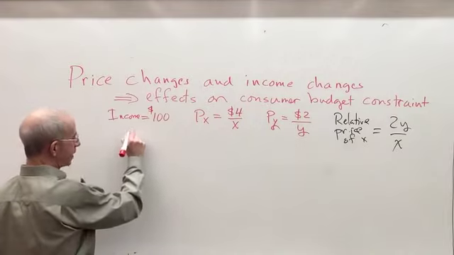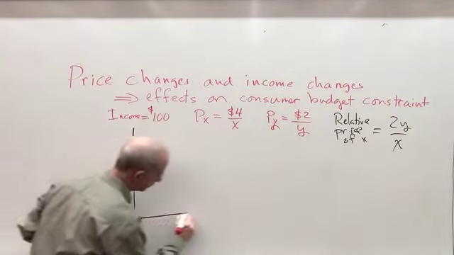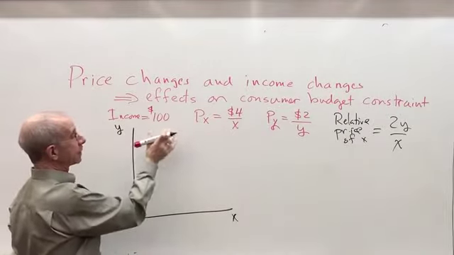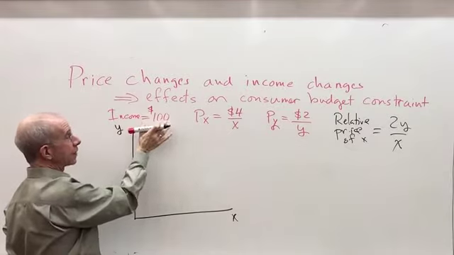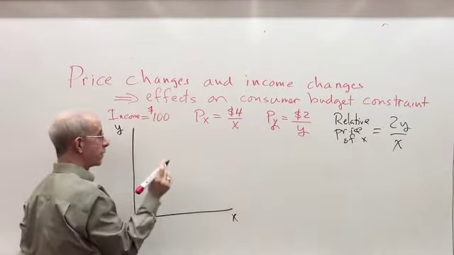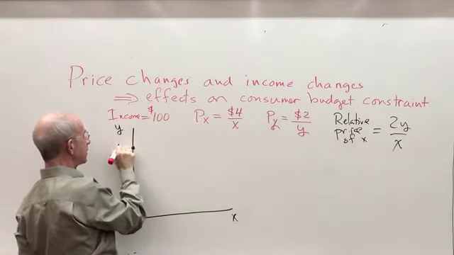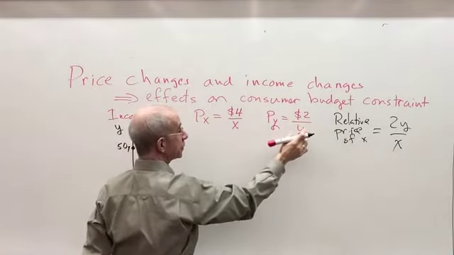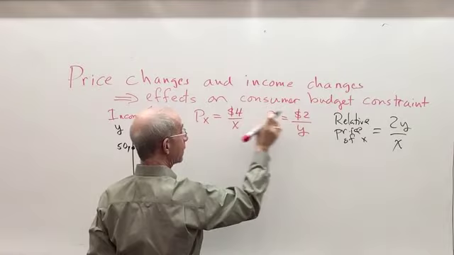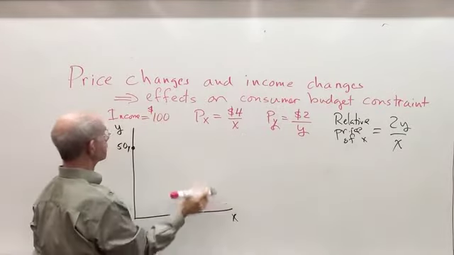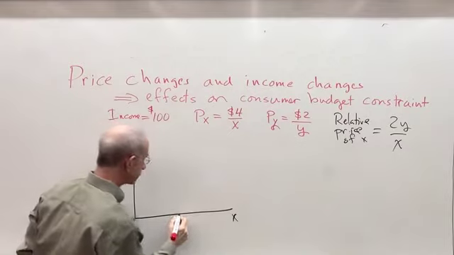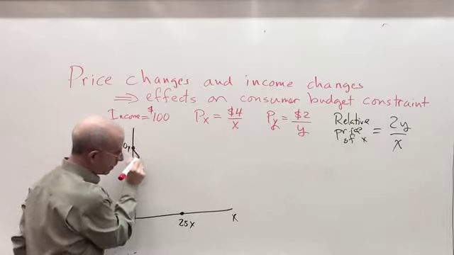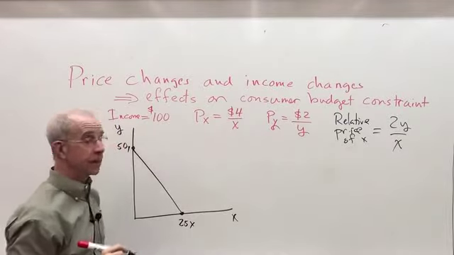And we have an associated budget constraint. Okay, got X on this axis, Y on that axis. If the consumer only buys Y, they've got $100, it's $2 for every Y. They could conceivably buy 50Y, or at $4 per X, with $100, they can possibly get 25X, or some combination in between.